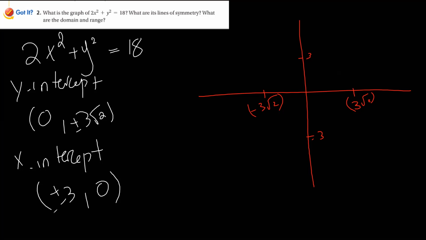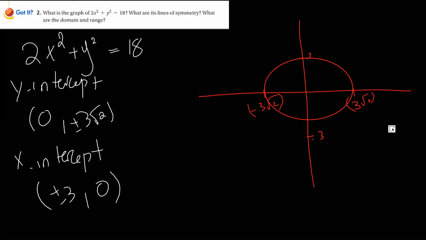From the equation, I can know that it's an ellipse, and from the graph, I can know also that it will be an ellipse. Now let's sketch it.